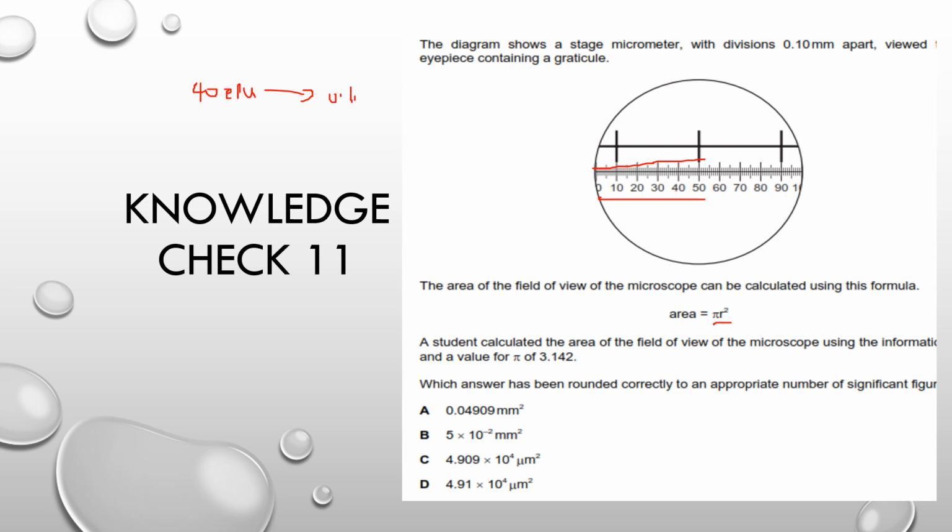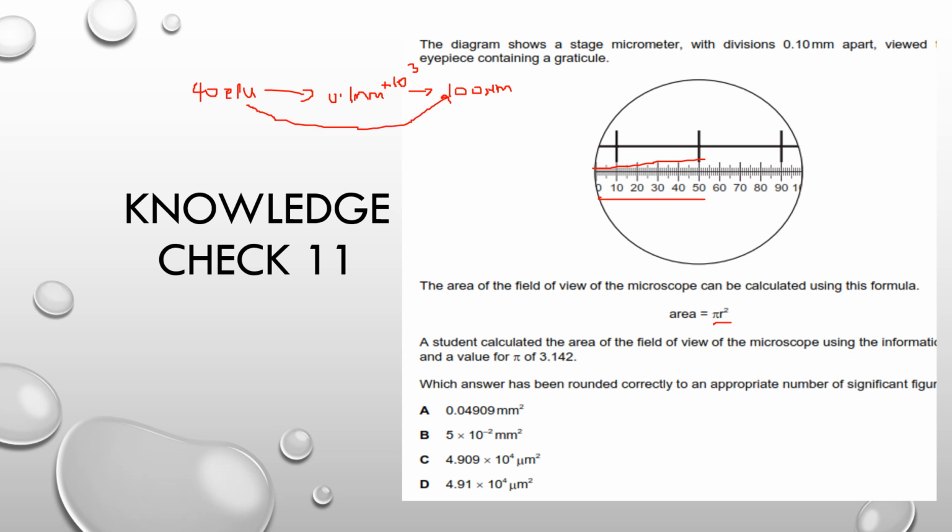Convert it to micrometers by multiplying by 1000, which gives 100 micrometers. So that means 40 eyepiece units is the same thing as 100 micrometers. Is that okay?